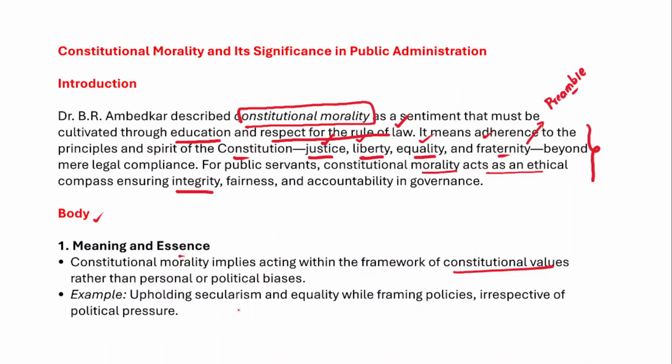For example, upholding secularism and also equality while framing policies irrespective of the political pressure that a public servant has been facing, right? So secularism also forms part of the basic structure doctrine, and equality is an important component which is part of the rule of law. And again, rule of law indicates the value of constitutional morality. So I hope it is clear.